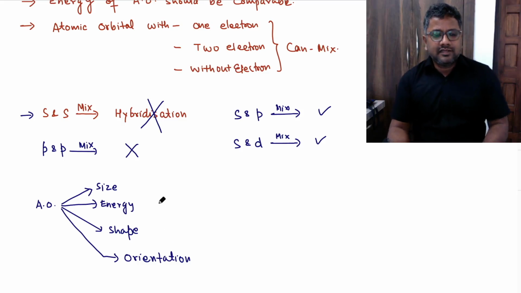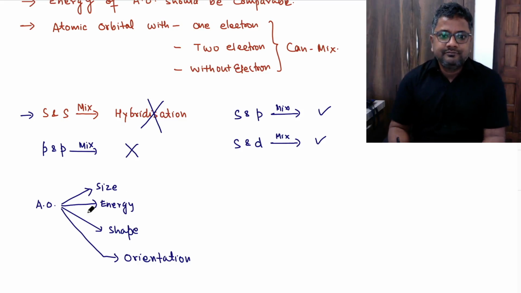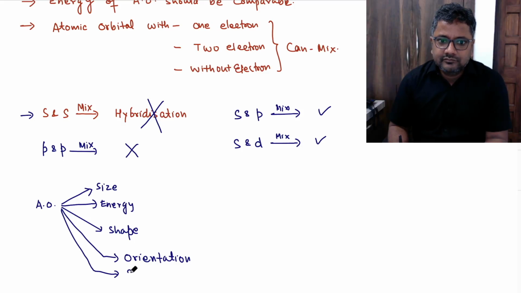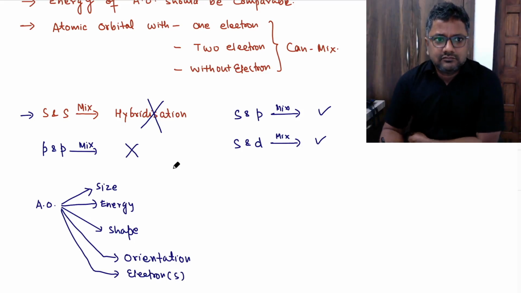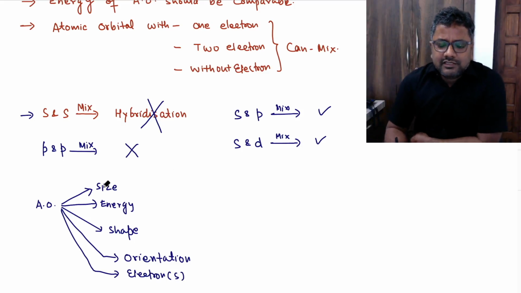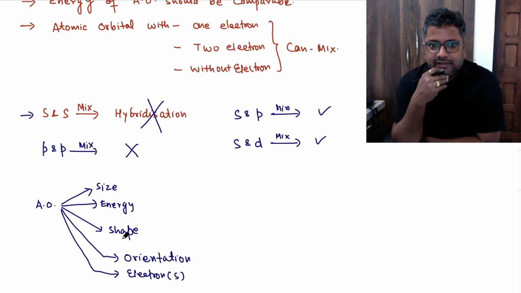So atomic orbitals have such properties, and electrons as well, electron or electrons or without electron. So these are the certain properties of atomic orbitals.